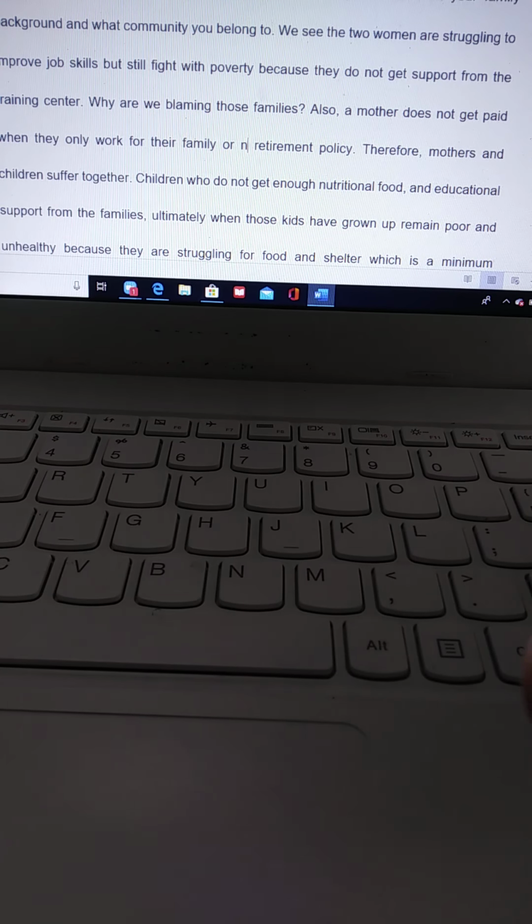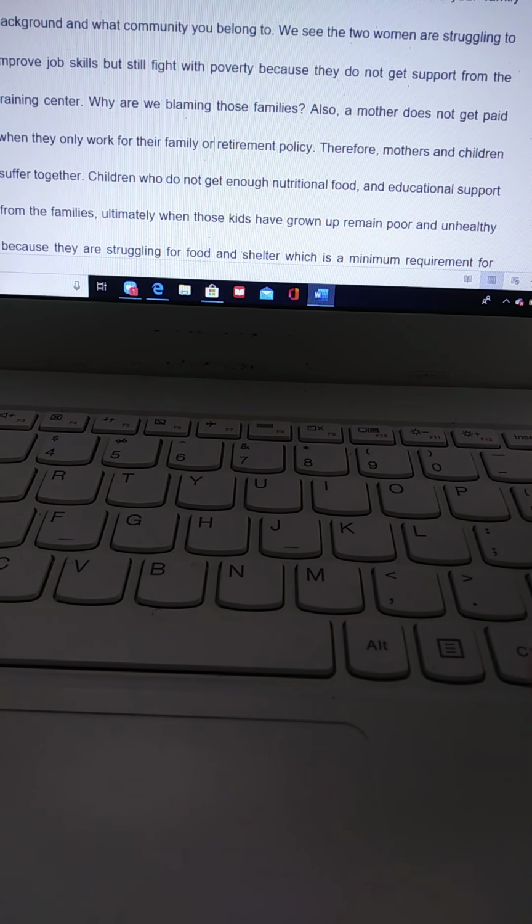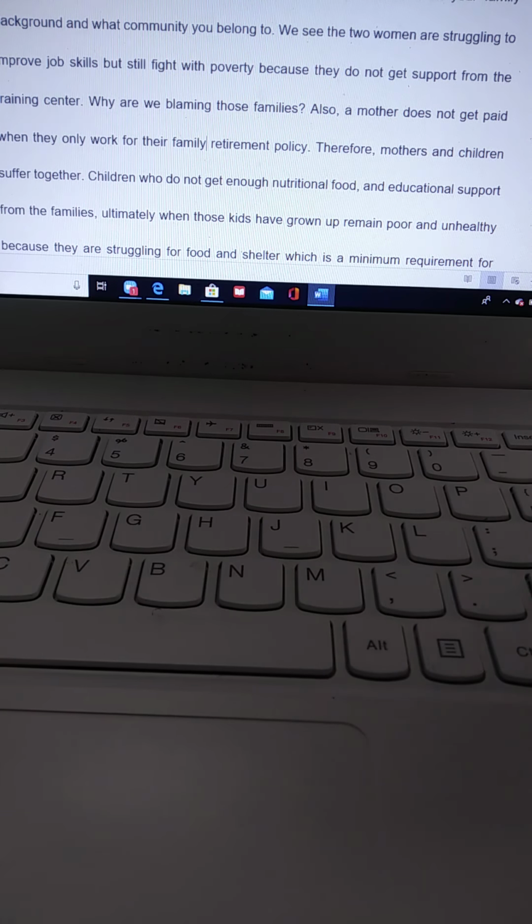So when you're saying, it seems like you're trying to say the mother does not get paid when they work for their family or retirement. The example you're talking about, I gave the example.